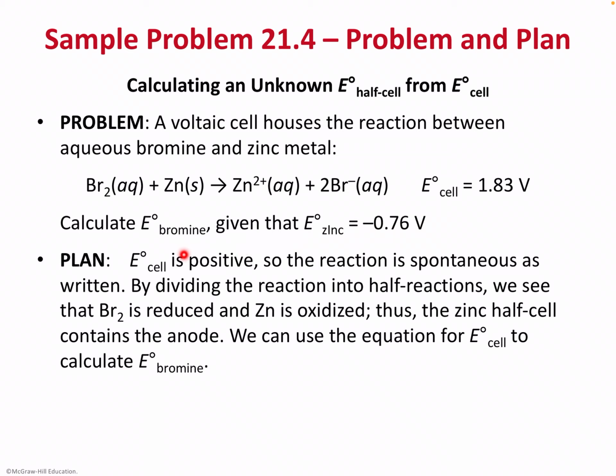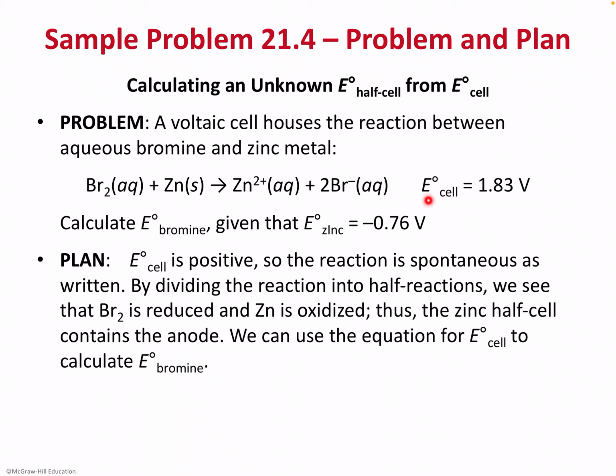Okay. So here E0 cell is positive, meaning this is a spontaneous reaction, right? It is spontaneous as written. By dividing the reaction into half reactions, we see that bromine is reduced and zinc is oxidized. Thus, the zinc half cell contains the anode. We can use the equation for E0 cell to calculate E0 bromine.